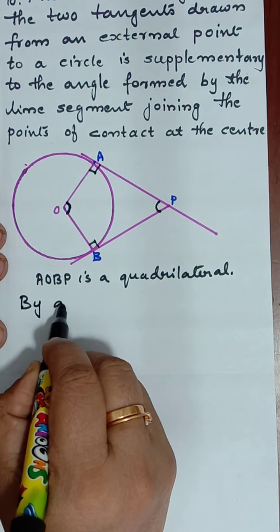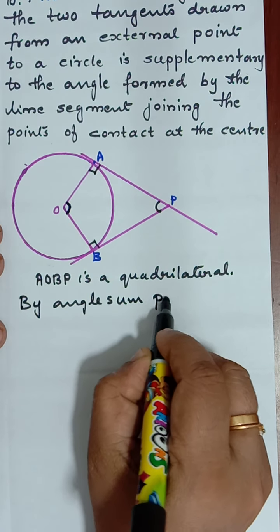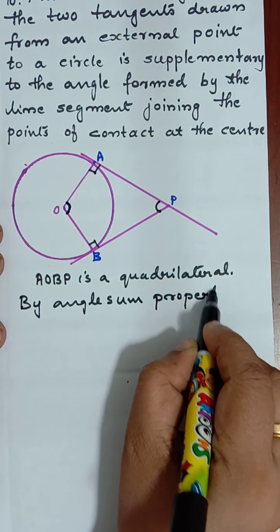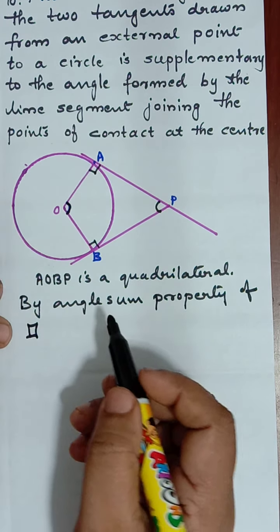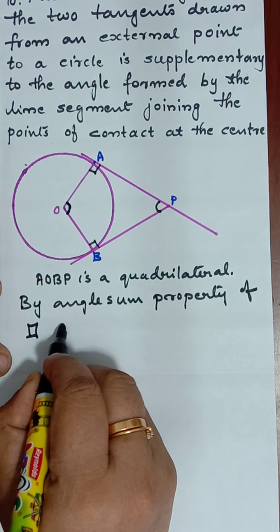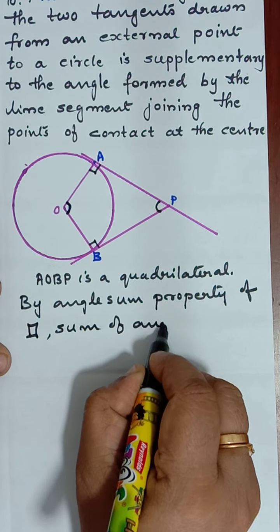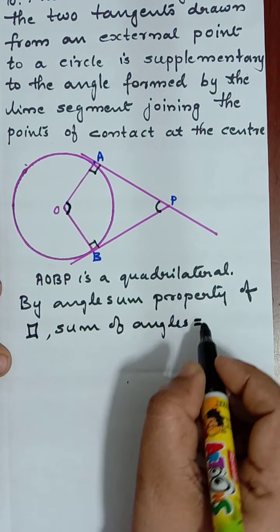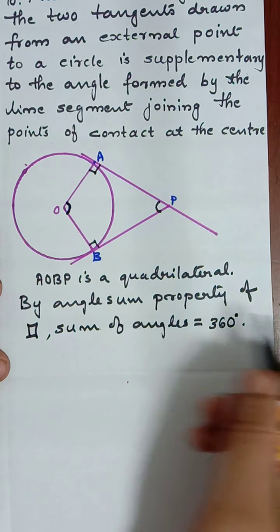By the angle sum property of a quadrilateral, the sum of angles is equal to 360 degree.